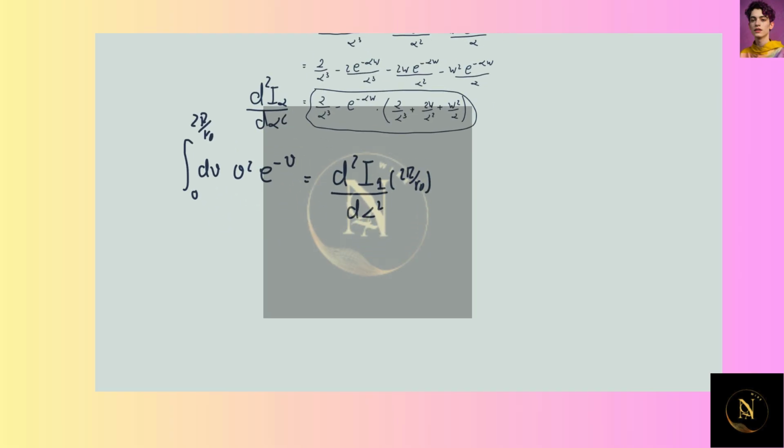Then we get the following. This is 2 minus e to the minus alpha w times (2 plus 2w plus w squared). Luckily alpha is equal to 1, so this is very simple. This is 2 plus 2 times 2, 4R over R0, plus 4R squared divided by R0 squared.